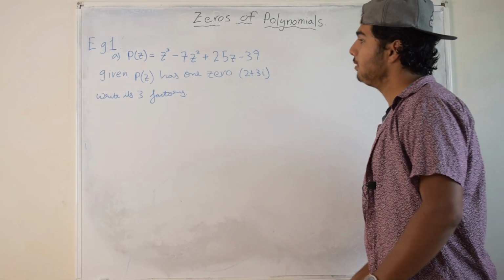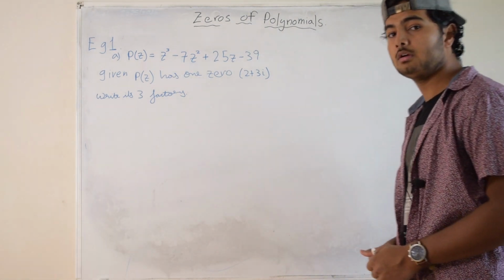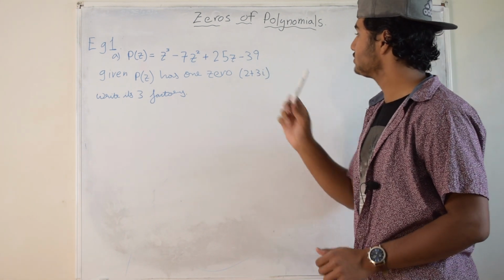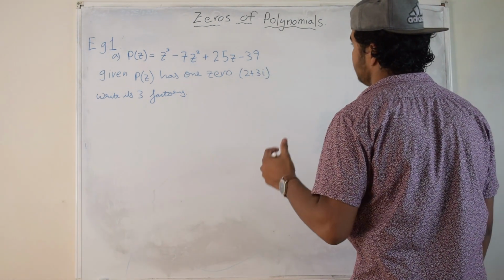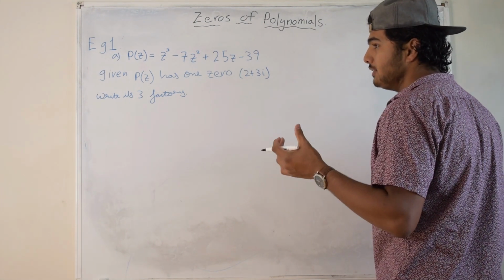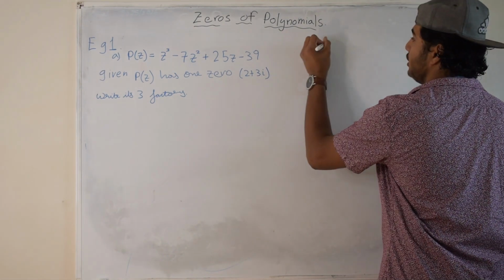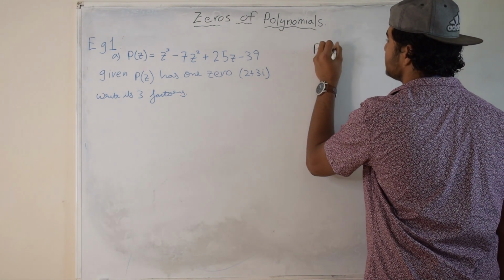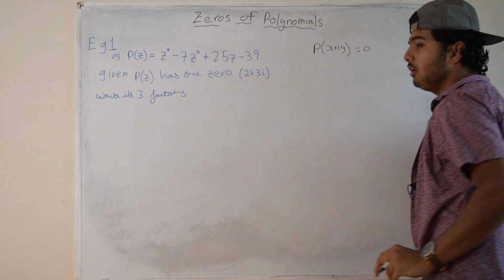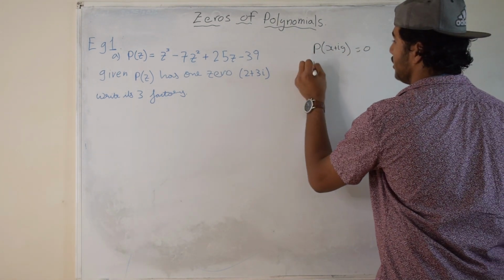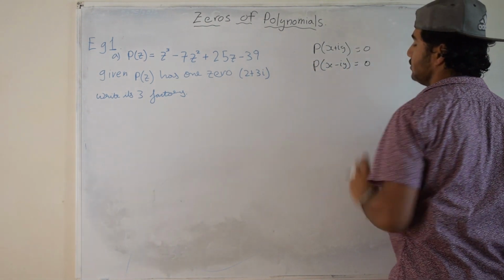To start, we need to understand the conjugate root theorem, which will help us do this question. What is the conjugate root theorem? It says that if a polynomial has real coefficients, and p of x plus iy equals 0, then p of x minus iy is also going to equal 0.